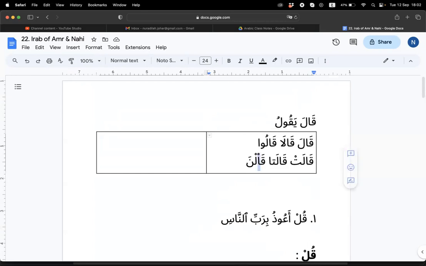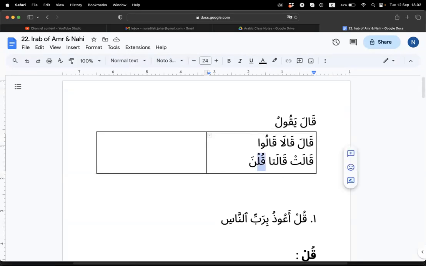So one is alif, one is lam. You can delete the weak letter only, so you delete the alif. And then the fathah changes to dhammah here. We will learn why later. So it becomes kulna.